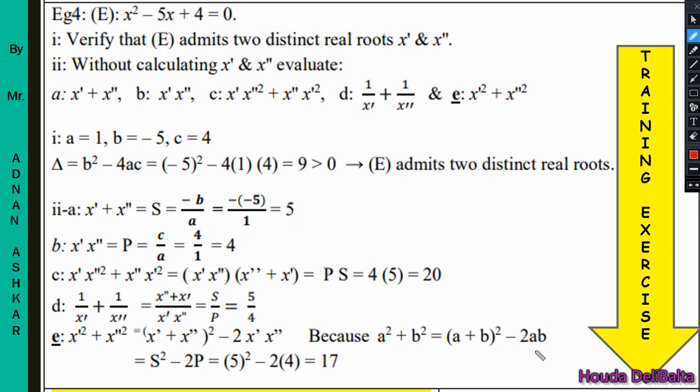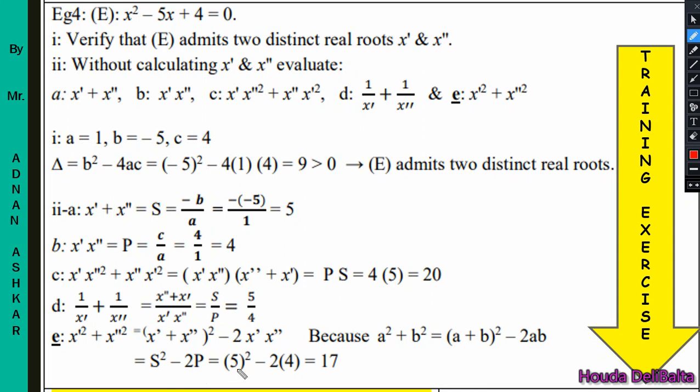And we can apply this same idea on x prime squared plus x double prime squared. So x prime squared plus x double prime squared is x prime plus x double prime squared, as if we are replacing a by x prime and b by x double prime, minus 2 x prime into x double prime. Now we have x prime plus x double prime, which is s, and we just have to square it, then we get s squared minus 2p. So this is a rule that you can use all the time, that x prime squared plus x double prime squared is s squared minus 2p.